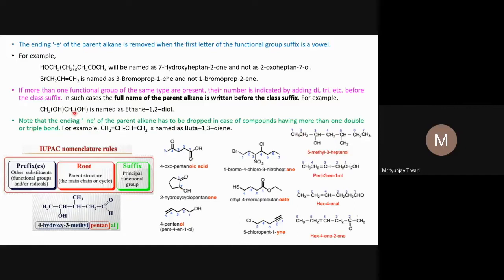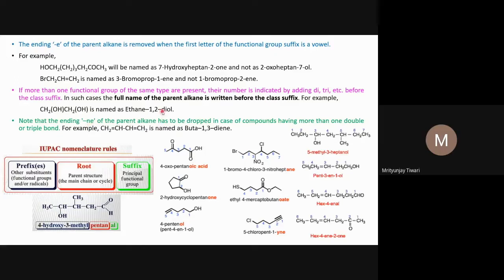And here we have to also note one thing, that the ending Ne of the parent alkene has to be dropped in case of a compound having more than one double or triple bond. If more than one double or triple bonds are there in a given compound, the ending Ne of the parent carbon chain will be removed.